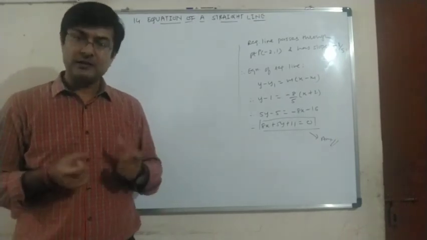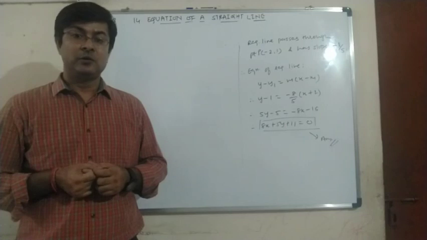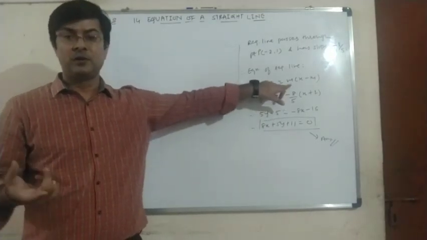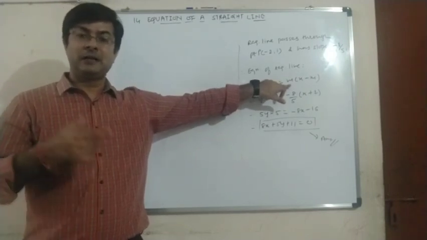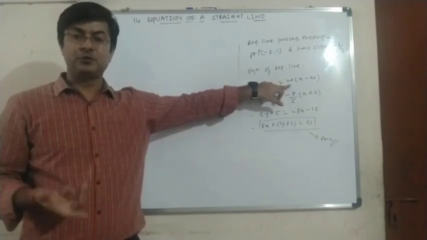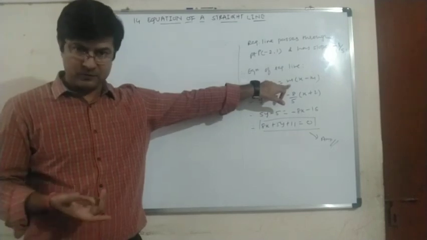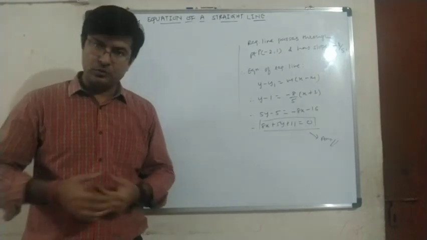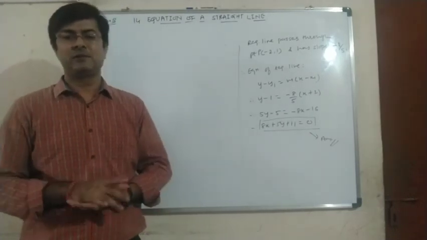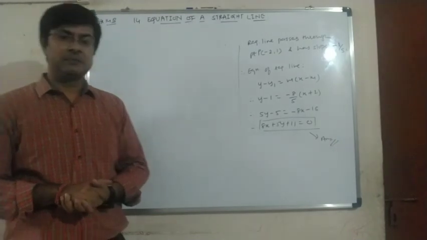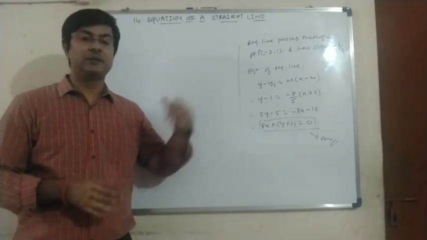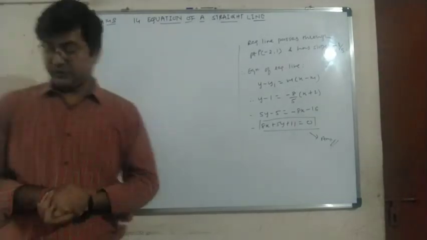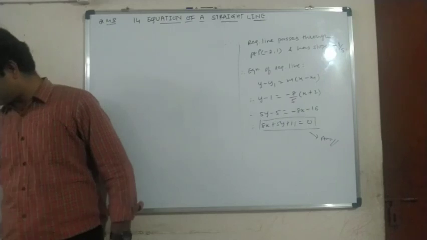If you have a slope and a point, then you can use the point slope form. If you have the y intercept and slope of a line, then you can use the slope intercept form. Similarly, if you are given 2 points on a line, then you can use the 2-point formula. So there are various ways we can frame the line, but it depends upon the values given. Clear? So now we will move towards question number 15.